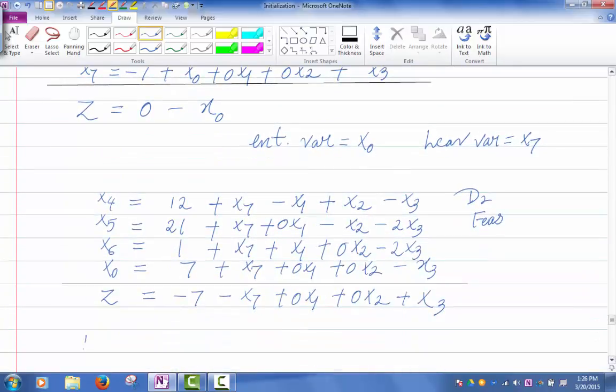Someone tell me now, what should be the entering variable and what should be the leaving variable? Anyone in the back?